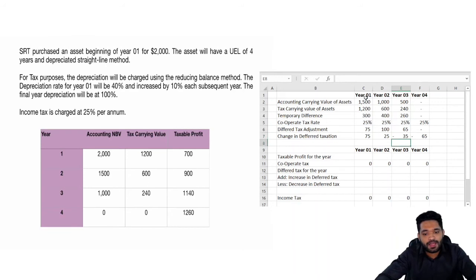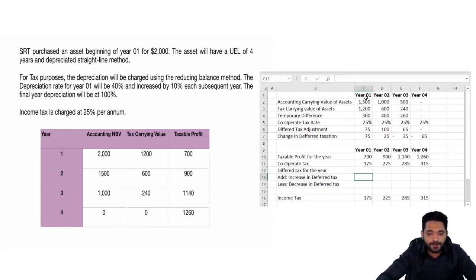Now your taxable profit for the year is again given to us in the question. That's 700 in the first year, 900 in the second year, 1140 in the third year, and 1260 in the final year. So your taxable profit into your corporate tax rate of 25%, you will get your corporate tax. Then you need to look into your deferred tax adjustments.